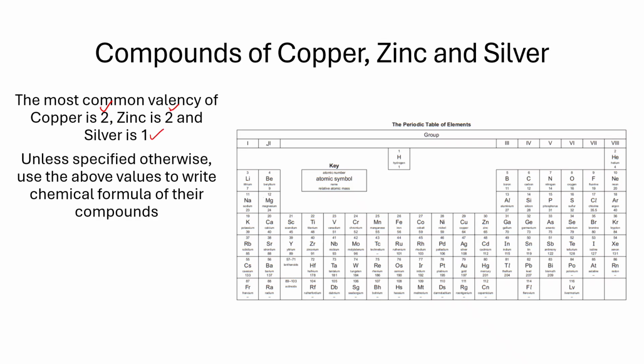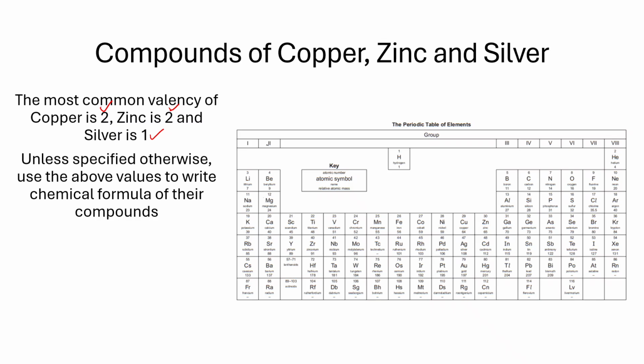In fact, unless specified, use these values as the valencies of these elements. The reason why I am sharing this is that because these valencies are so common for these metals, sometimes in the context of these metals, the valency is not shown in the parenthesis.